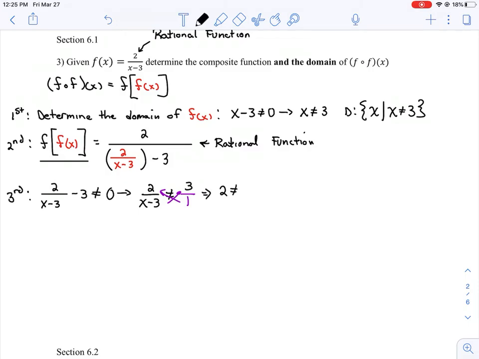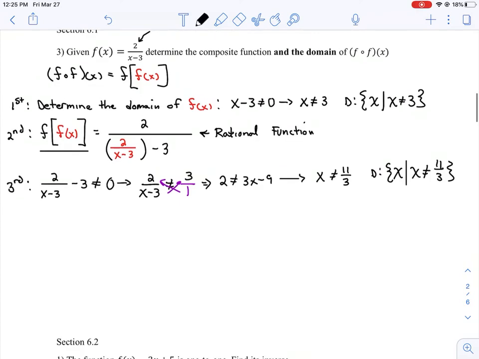So 2 cannot equal 3x minus 9. And this implies that x cannot equal 11/3. So the domain is x such that x cannot equal 11/3.